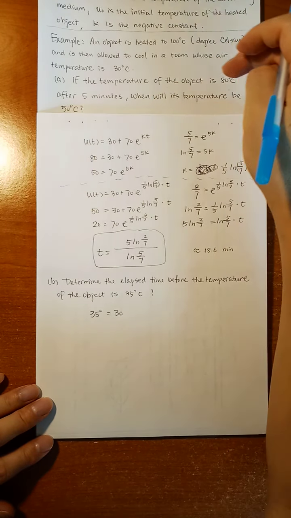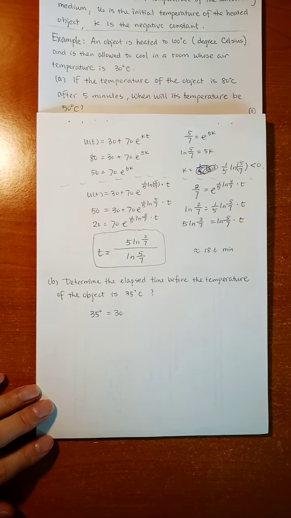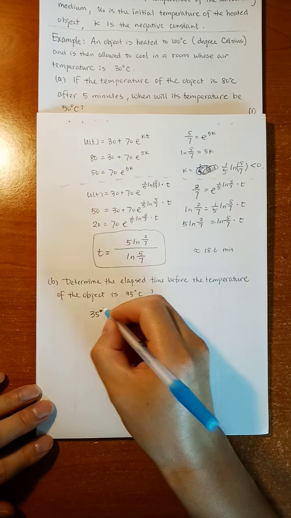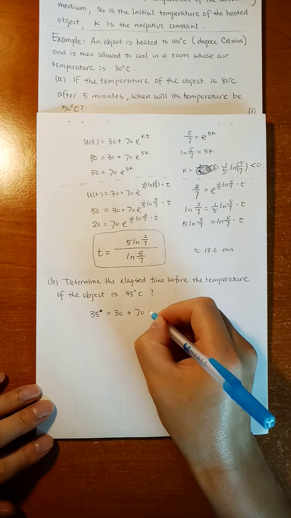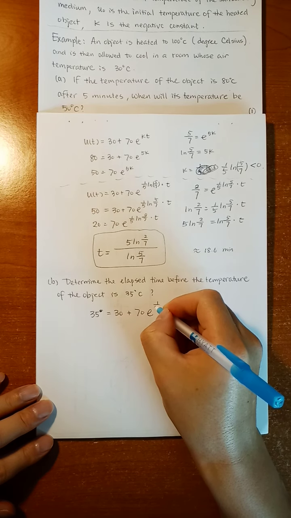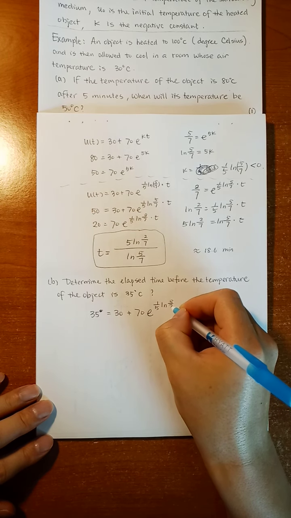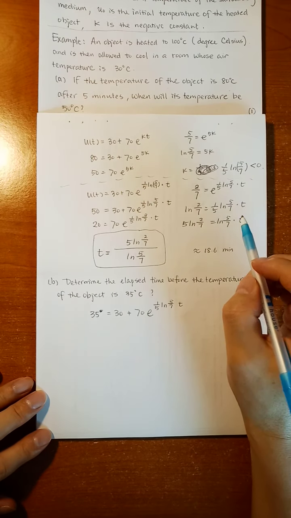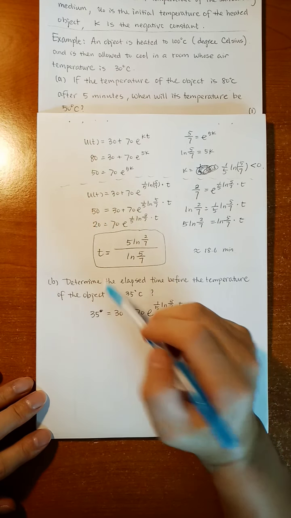Of course, we still use the same condition. After 5 minutes, you have 80 degrees. Let's drop this degree symbol. e to 1 over 5 natural log 5 over 7 times t. You just repeat this whole process. What's the difference? The difference here is 50. Now it's 35.